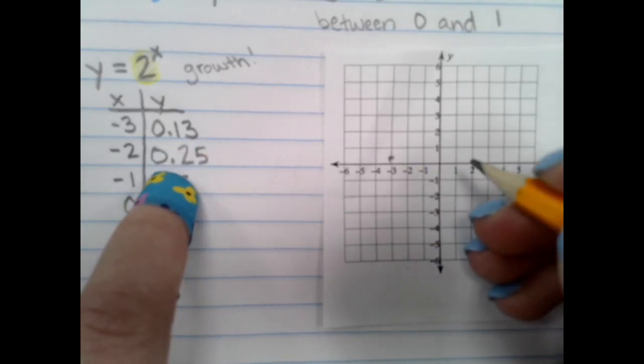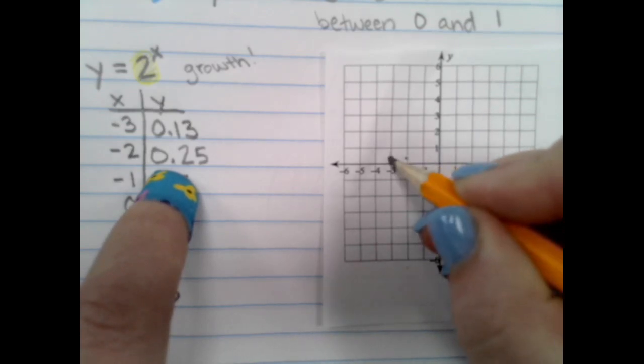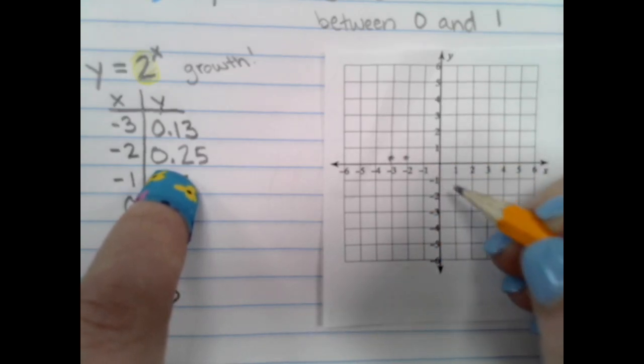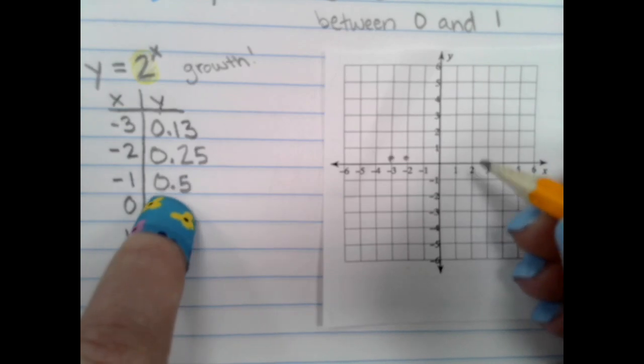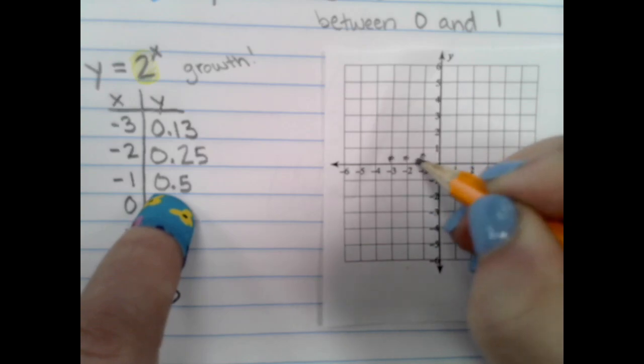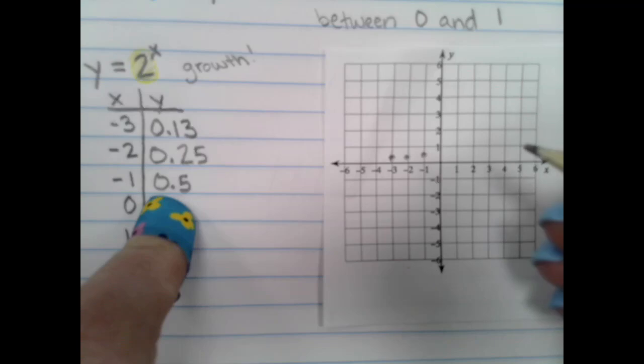Okay, -2 is 0.25. Again, it's not even halfway. We just want to make sure it looks like it's a little bit above the other one. It's increasing a little bit. -1 is 0.5. That's halfway. So that's a good way to double check. These ones should be lower, and then it should be increasing a little bit.